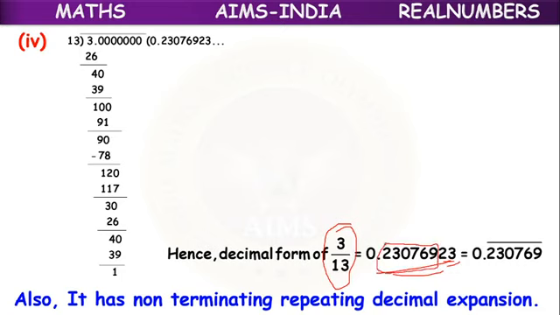This part 230769 is repeating. So for the total part, we can keep a bar. So the given question is an example of non-terminating repeating decimal expansion.